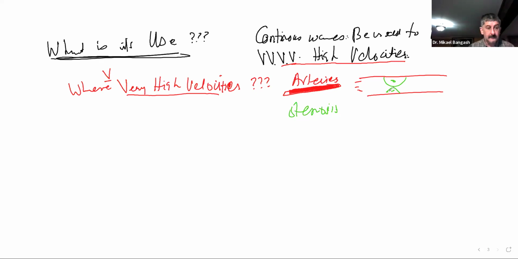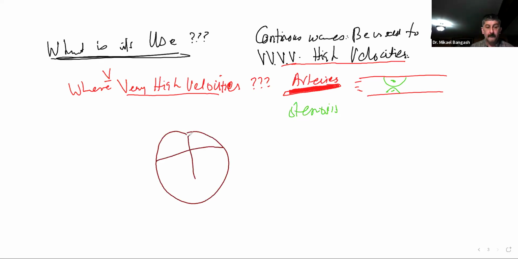So guys, there is going to be an area in the body that, if stenosed, the velocity is so, so, so, so high that a regular Doppler will not be able to record it.